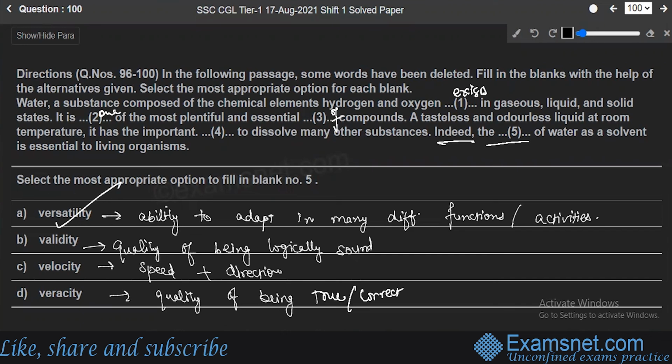A tasteless and odorless liquid at room temperature. It has important ability to dissolve many other substances. Indeed, the versatility of water as a solvent is essential to the living organisms. So, option A is the correct answer to the question.